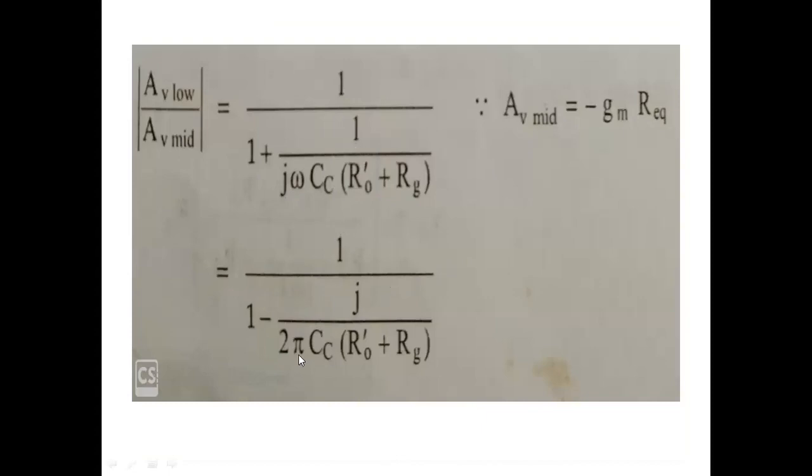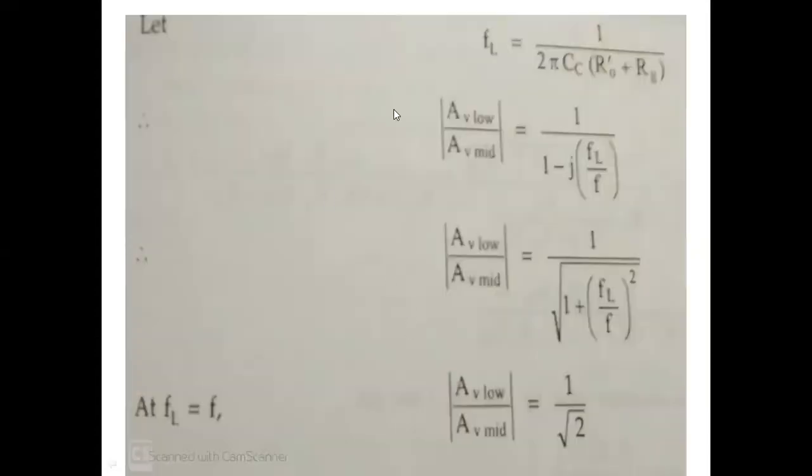In place of omega, we are substituting 2 pi f. It is not given here in the textbook itself, it is wrong, so just remember we have f here. So in place of omega, we substitute 2 pi f Cc R naught dash plus RG. And next, let FL equal to 1 by 2 pi Cc R naught dash plus RG.